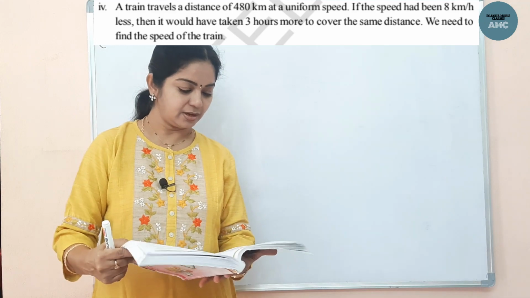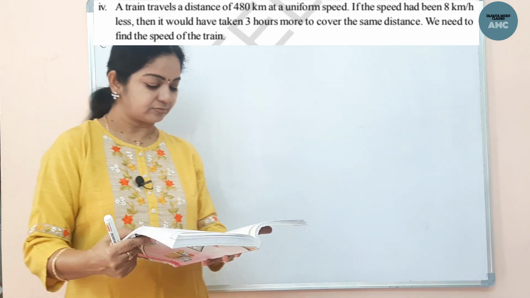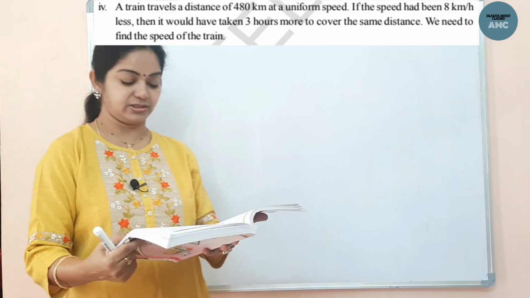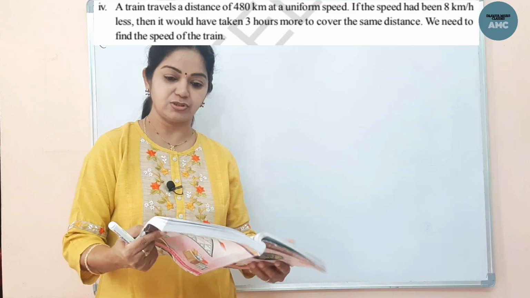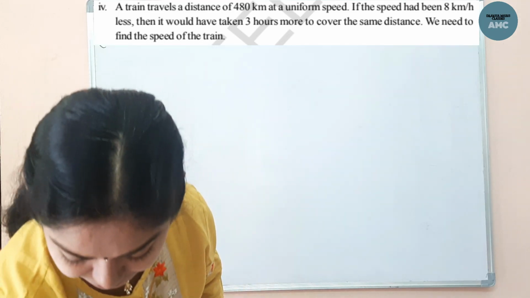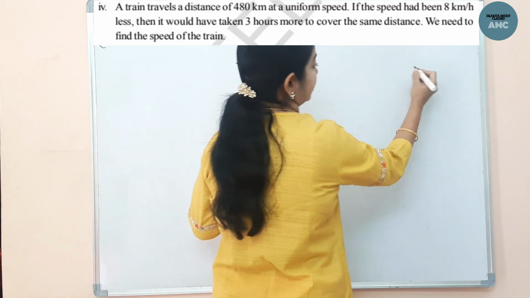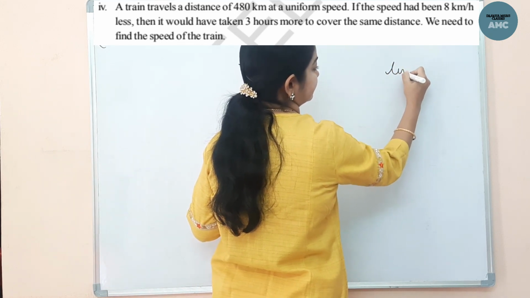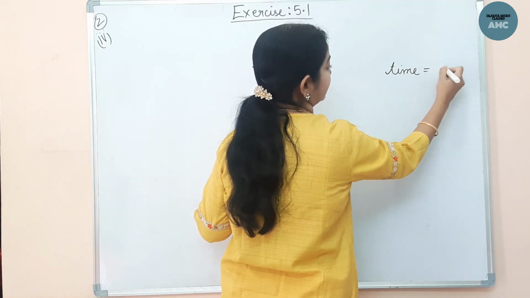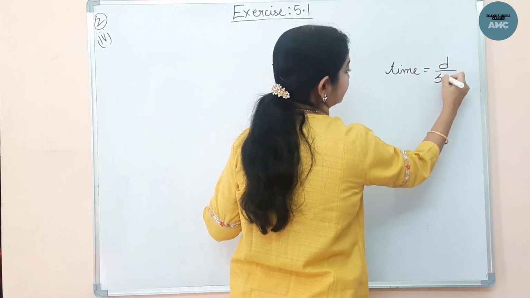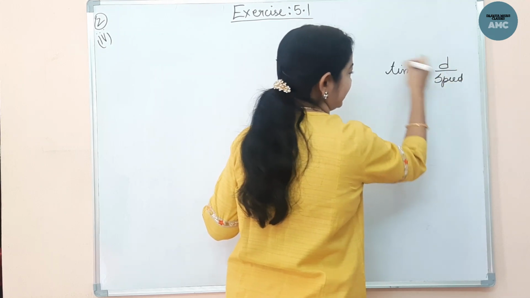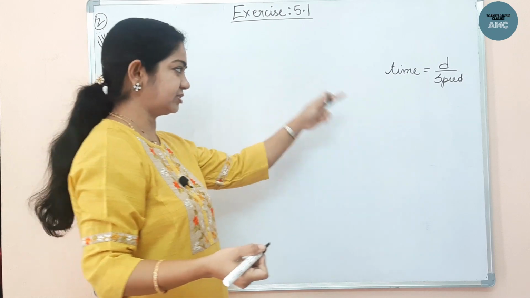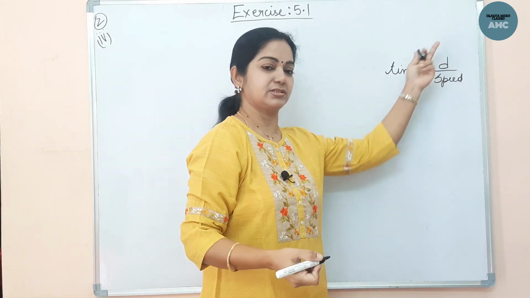Now here, the train travels a distance of 480 kilometers at a uniform speed. And we know that time is equal to distance by speed. Speed is equal to distance by time, so I've interchanged: time is equal to distance by speed.